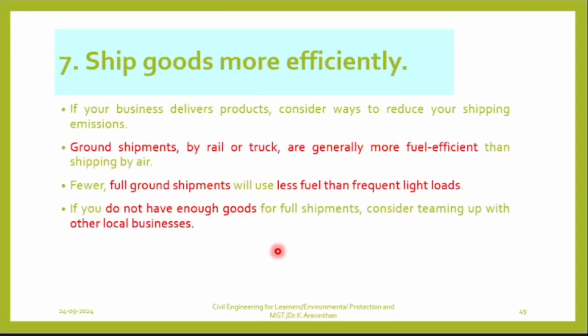Then the next one is ship goods more efficiently. What are the modes of shipment? How do they ship their products? They have trucks, trains, ships and aeroplanes. These are the four modes. If any organization is transporting material, which is the most efficient mode of transportation? Yes, ship. Ship is the most efficient mode.